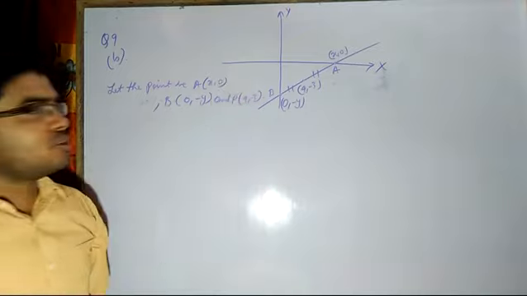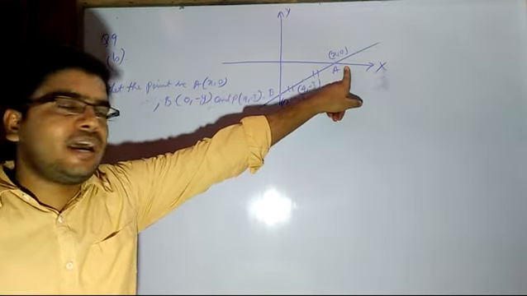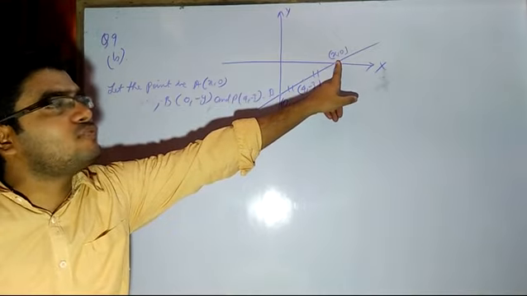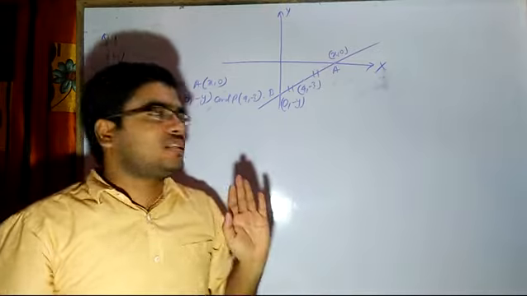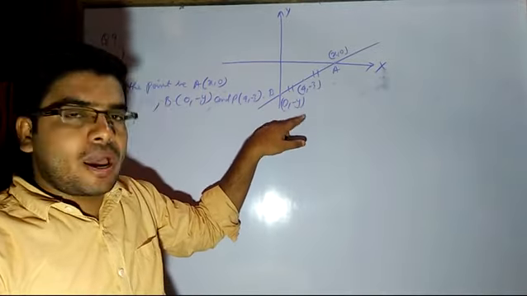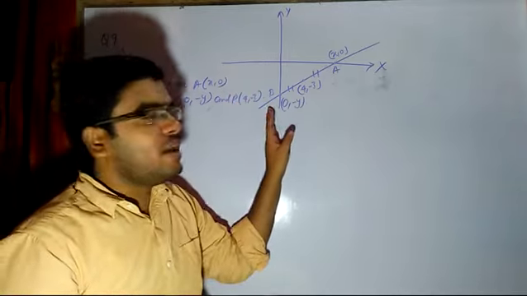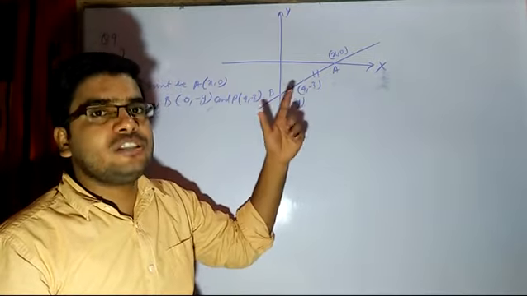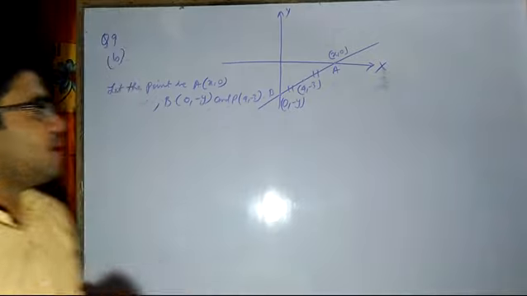We have given the names, and why have we taken A as x comma 0? Because the point A is lying on the x axis, so definitely x will have a certain value, but y will always be 0 on the x axis. On the y axis we have taken x is equal to 0 and y is equal to minus y. Why? Because on the y axis x will always remain 0, but y will keep on changing. We have taken it as negative because it is lying on the negative y axis.